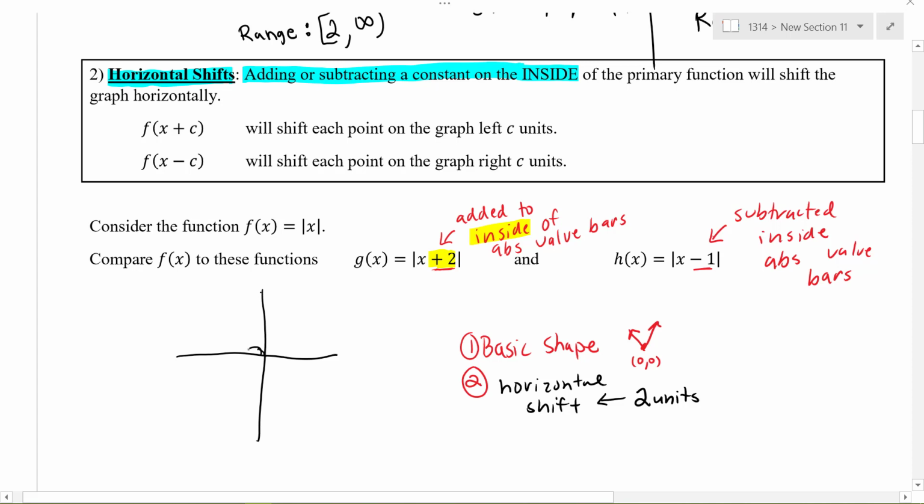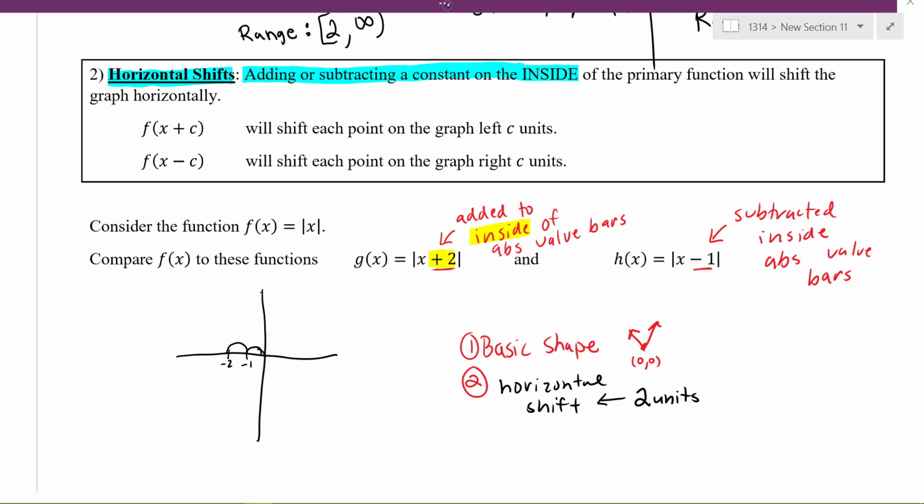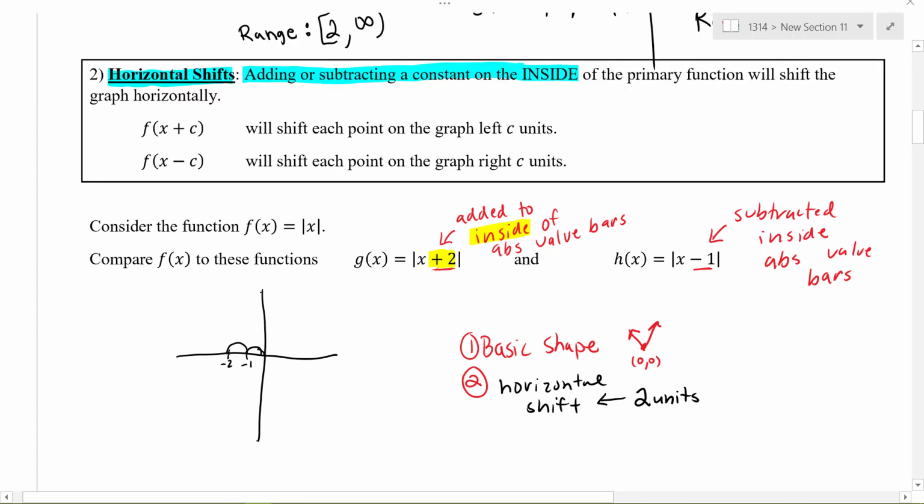And if I move to the left 2 units, that puts me at an x value of -2. So I'm going to put a point there, and I'm going to label that newly shifted origin point, -2, 0. Then I'll draw my basic shape from there. So there's my absolute value basic shape shifted to the left 2 units. Okay, can you tell me the domain and range of that?